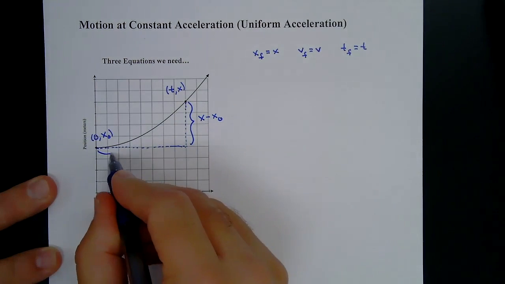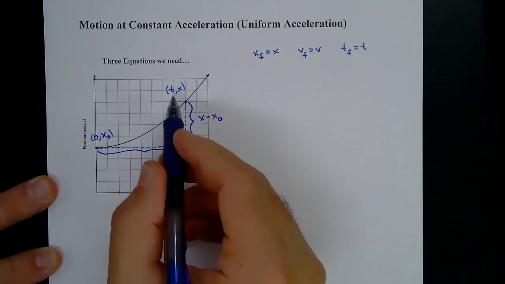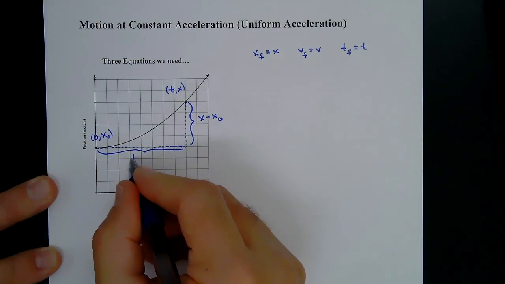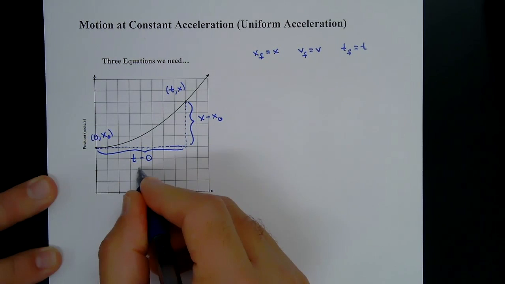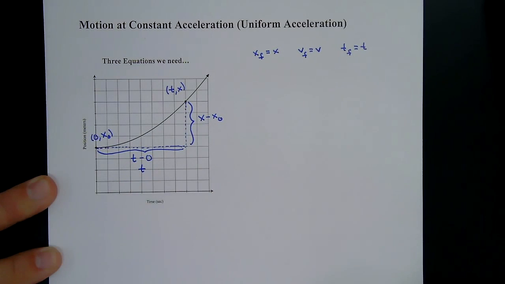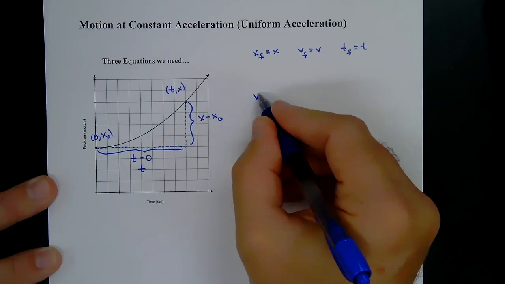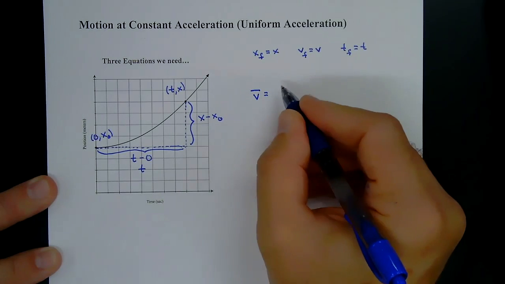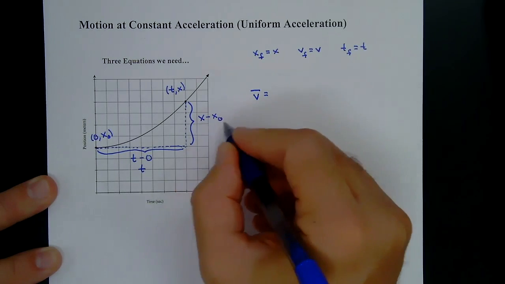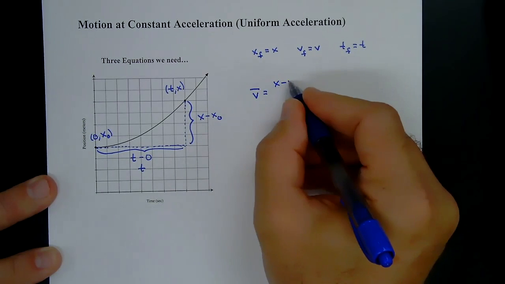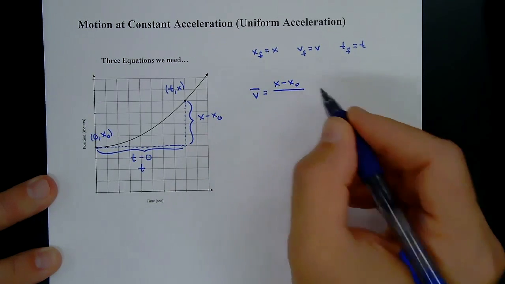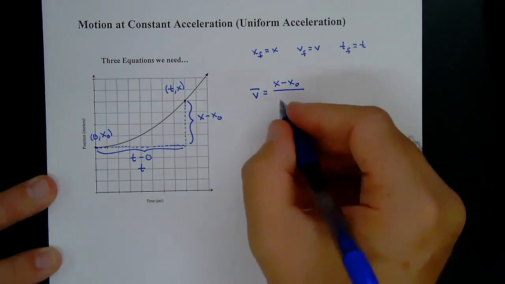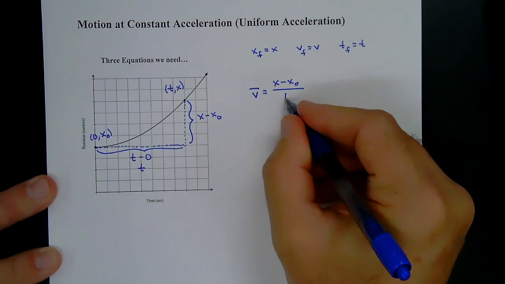And then this horizontal change is going to be t minus 0, which winds up being just t. So we know from previous lessons that the average velocity is the change in position, so x minus x sub 0, over the change in time, which in this case would be just t.